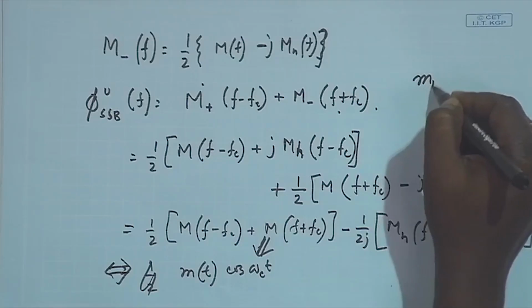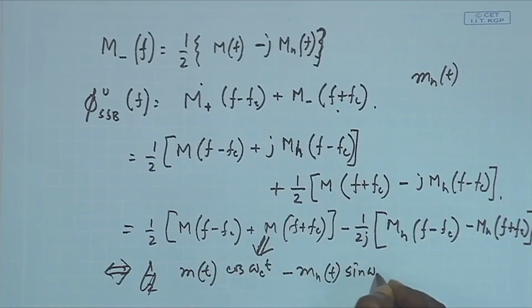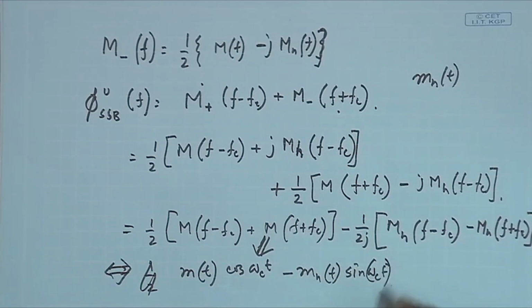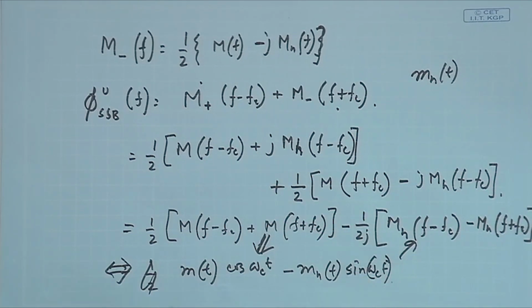If this MHT is the Hilbert transform equivalent time domain signal, if I just multiply my MHT into sin omega Ct, I will be getting the corresponding Fourier transform as this one, because sin omega Ct will have 1 by 2J, and then you have those modulation terms. So, it will just be translated at plus Fc and minus Fc.